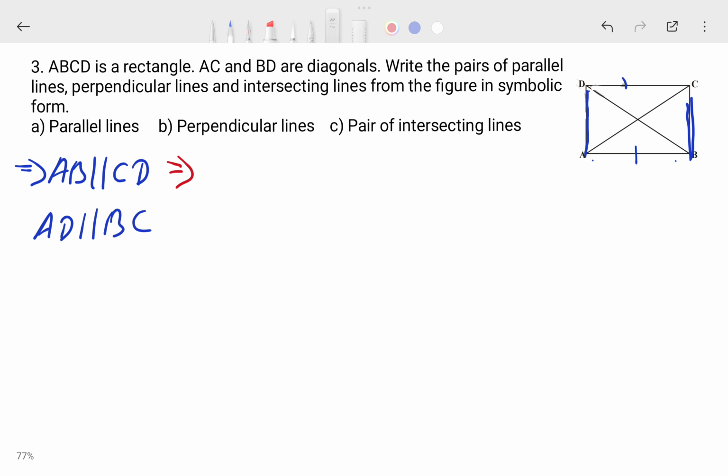Remember, right? So after that, in this figure we have to find the perpendicular lines.